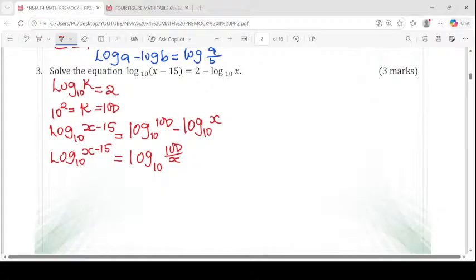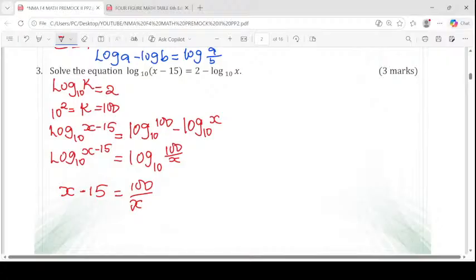Now, after getting that as our next equation, we have a principle that says when you've equated logs with the same base, we drop the logs and proceed with the arguments. So when we drop the log to base 10, x minus 15 should be equal to 100 over x.